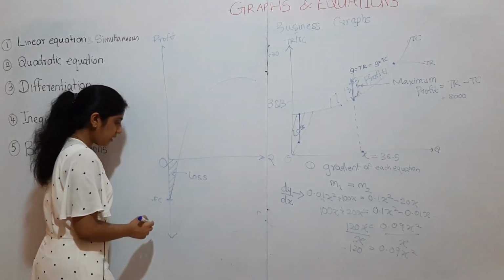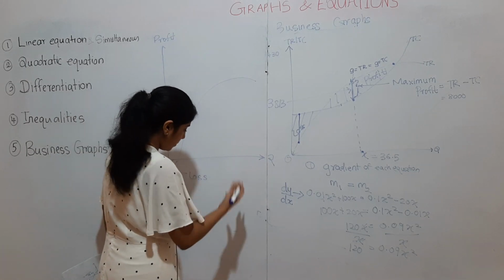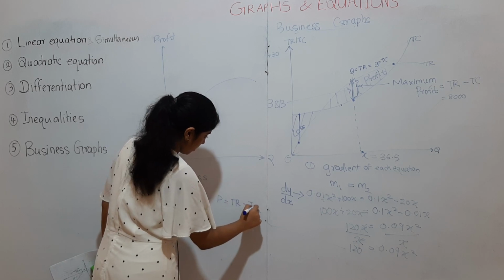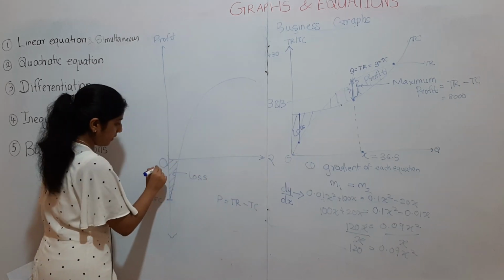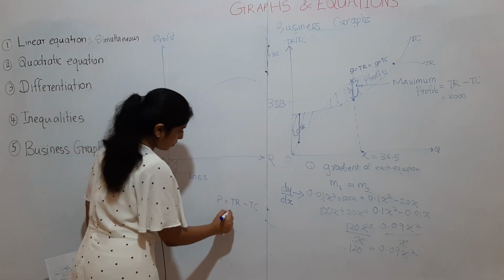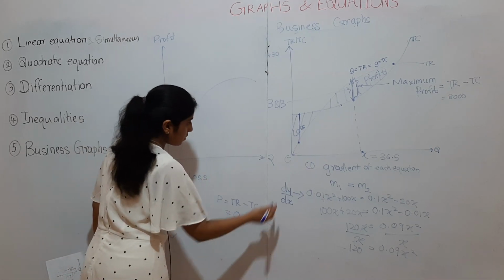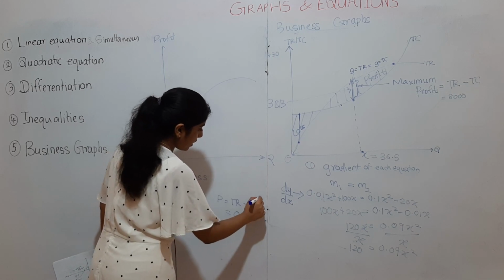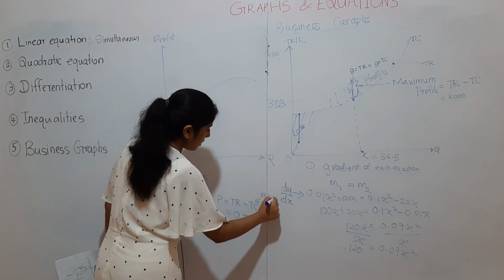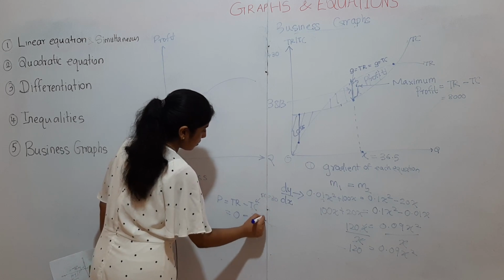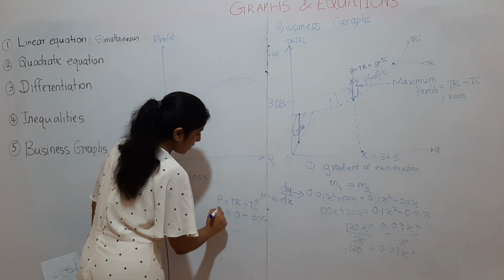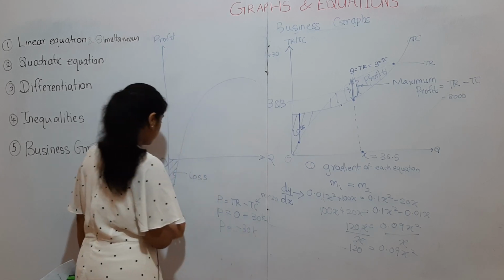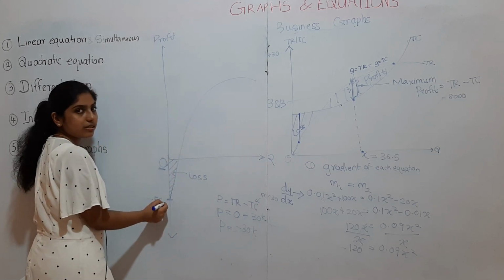So basically, if you look at the profit equation, total revenue minus total cost, at output level of 0, you have zero revenue, of course, but your total cost, you have fixed cost of maybe say 30,000. So your profit will be what? Loss of 30,000. That loss is only represented here.